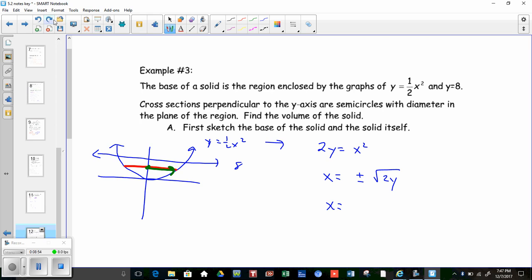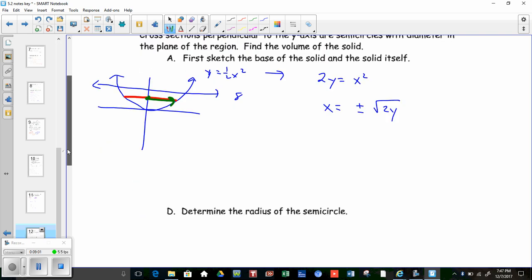So the radius of the semicircle is just the positive root 2y. That's this green line right here. Now that we're going with respect to y, we go from 0 up to 8.